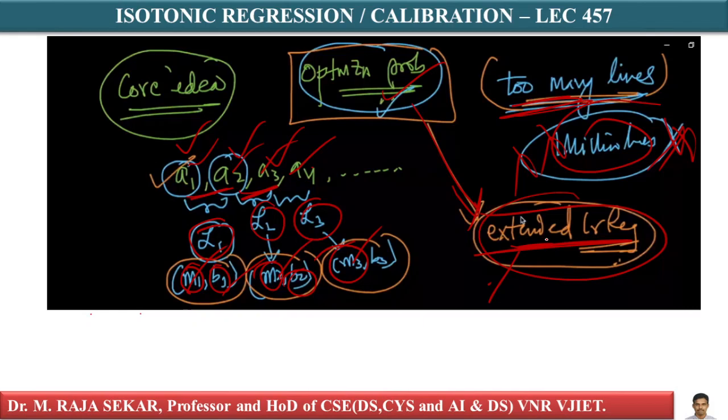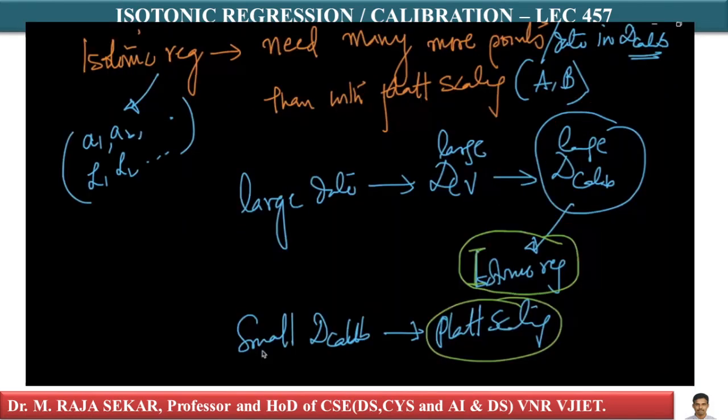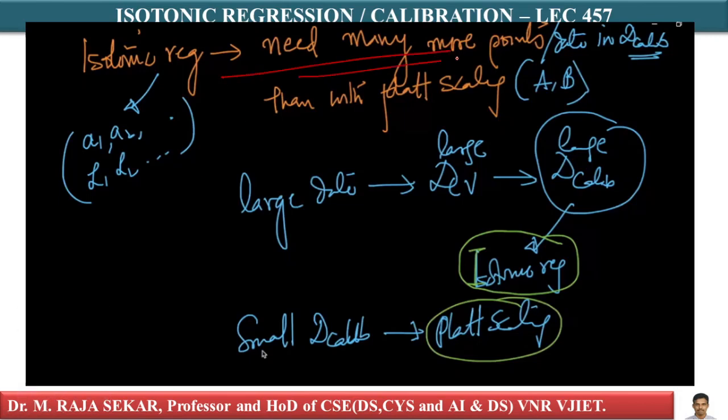There is one catch with isotonic regression. With isotonic regression, you need many more points than with Platt scaling. In Platt scaling, we have two parameters, capital A and capital B, that we have to determine.